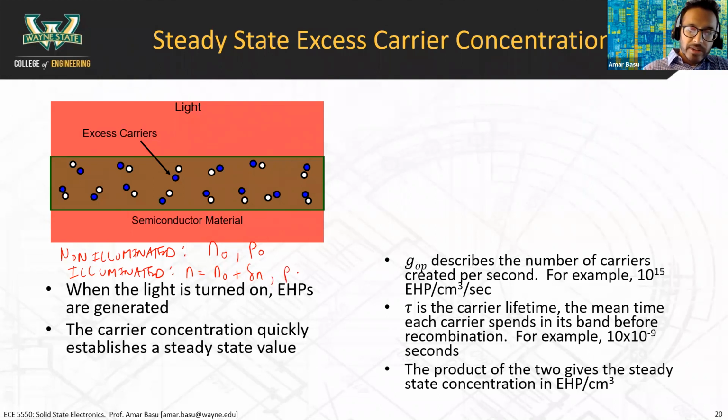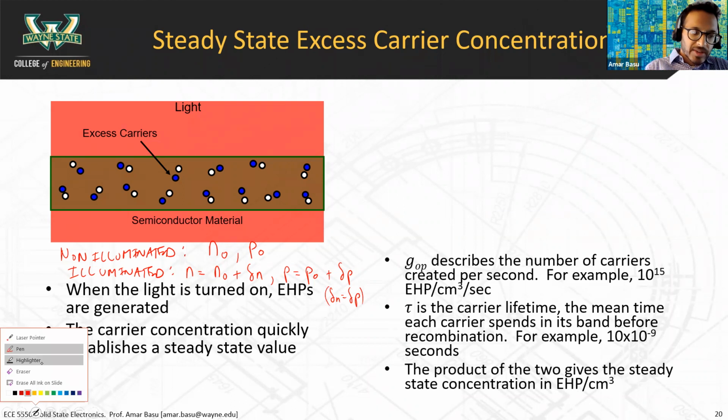Similarly, the hole concentration is going to be the non-illuminated hole concentration P0 plus the excess hole concentration delta P that was generated by the light. Notice the excess carriers are generated in pairs.